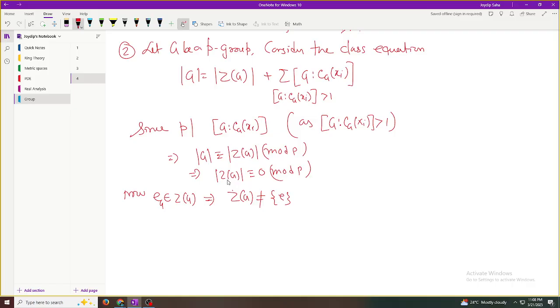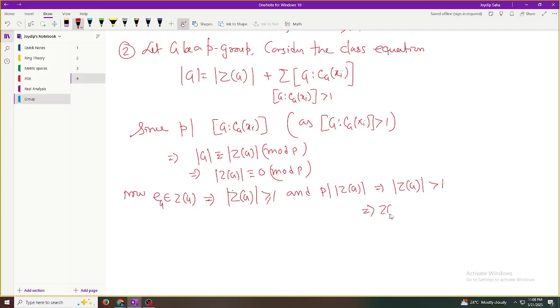The identity belongs to Z(G), therefore the order of Z(G) is greater than or equal to 1, I should write one more line, and P divides the order of Z(G), this implies Z(G) is strictly greater than 1.